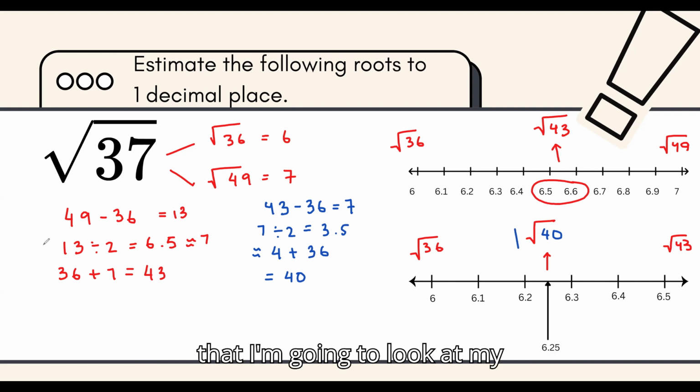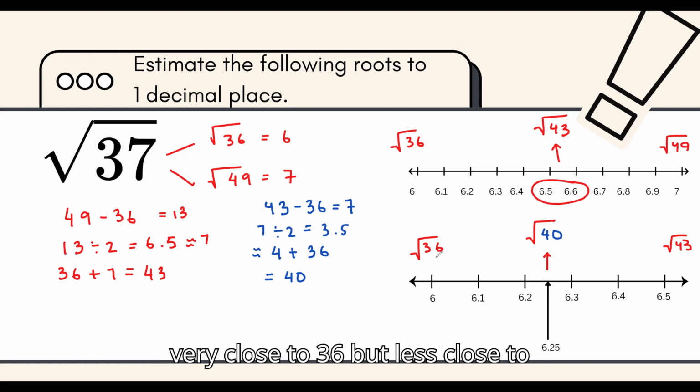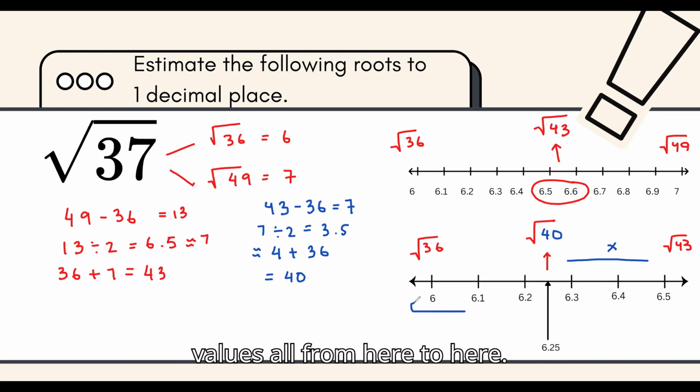So to do that, I'm going to look at my numbers now. I know that under root 37 is very close to 36, but less close to 40, and it's pretty far away from 43. So let's not focus on this part anymore. Now we're looking at the values from here to here. I know that 6.1 is the closest value to 36 on this number line.